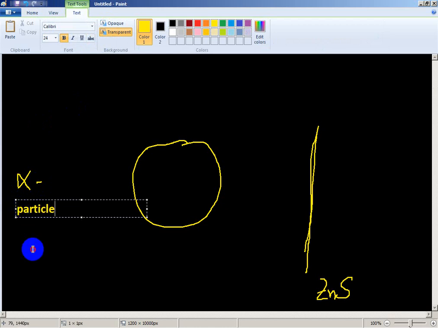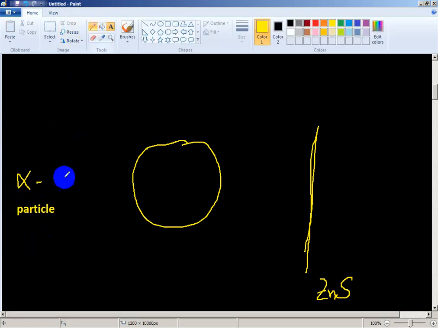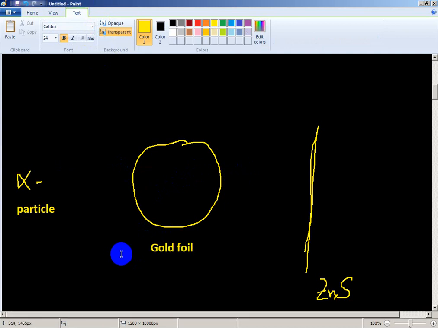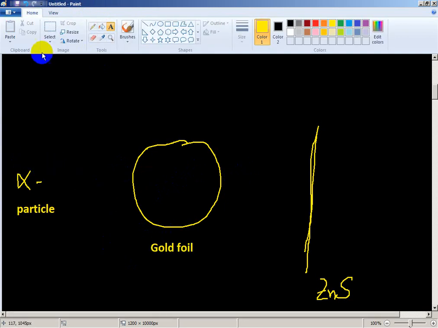Okay, if I emit an alpha particle, it passes through the gold foil. This is the thin gold foil. It passes through the gold foil and strikes the zinc sulfide screen and there is a light flash.